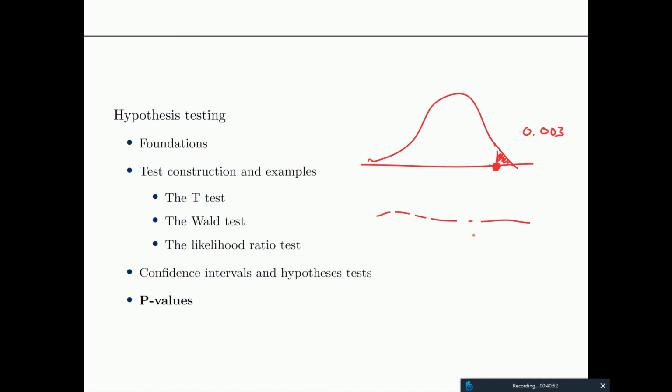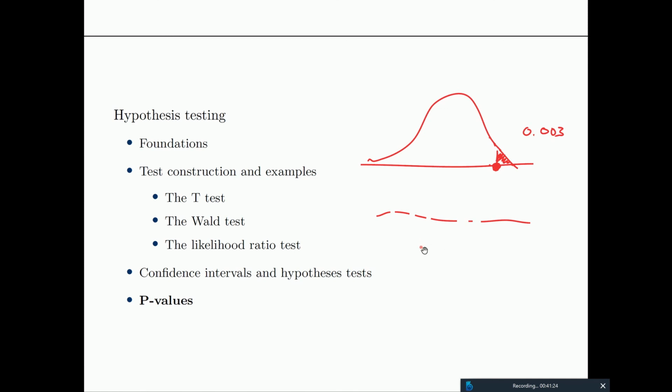So you say reject at a significance level of 0.05, my test outcome is 1, but you also tell the reader the p-value. If, for example, the p-value is 0.003, then the reader can say, based on this, I can also reject the null hypothesis at a significance level of 0.005.